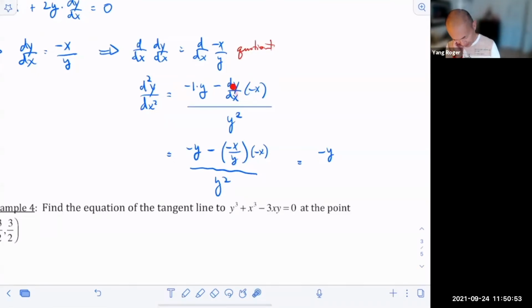So I'm just replacing dy dx with negative x over y. And then I have a negative times a negative times a negative. Overall, that just gives me a negative. So that's going to be negative x squared over y, all divided by y squared. That could be your answer for the second derivative.